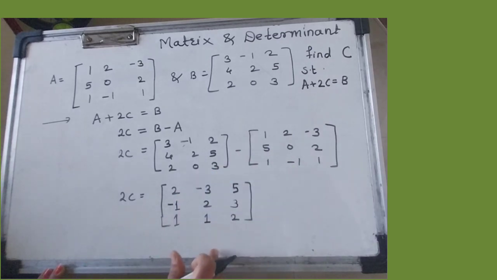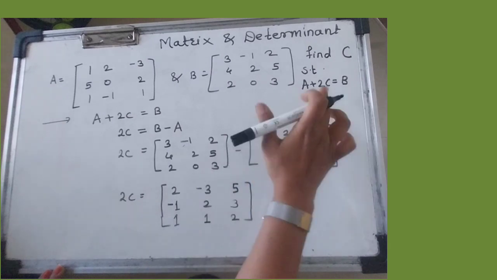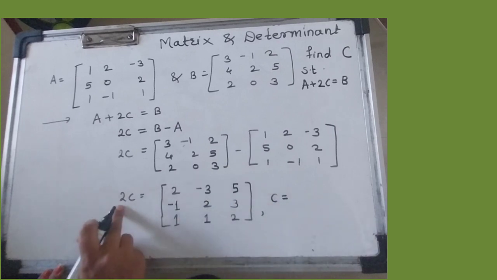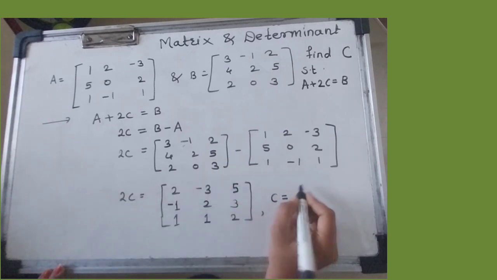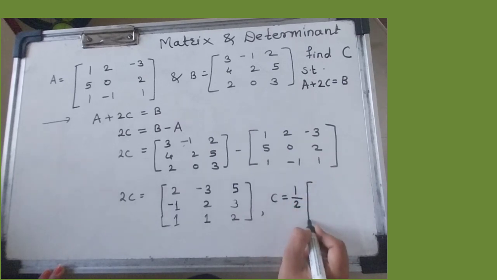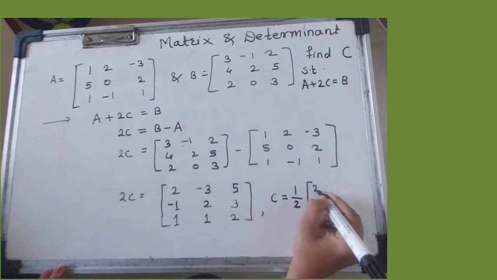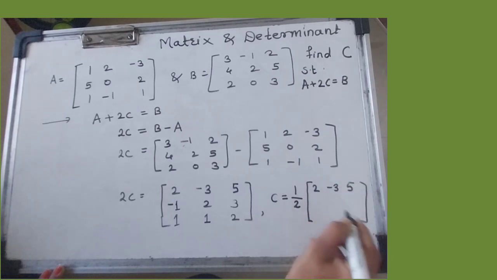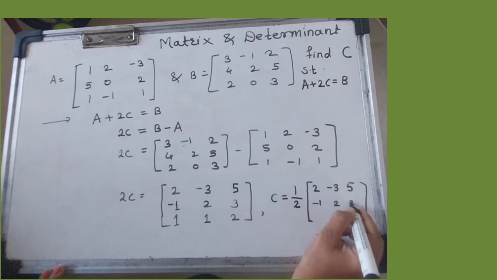This is my 2C matrix, and what we require here is the C matrix. So simply keep C as it is; 2 is multiplied here, so it will be divided to the whole matrix: [2, -3, 5; -1, 2, 3; 1, 1, 2].